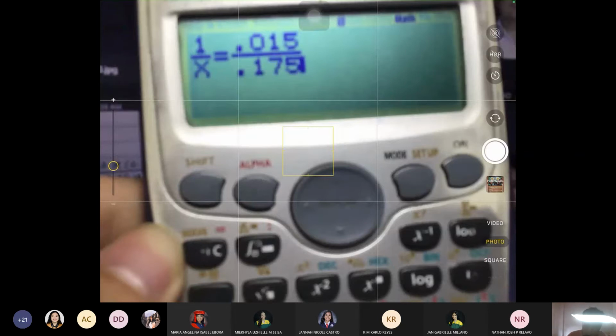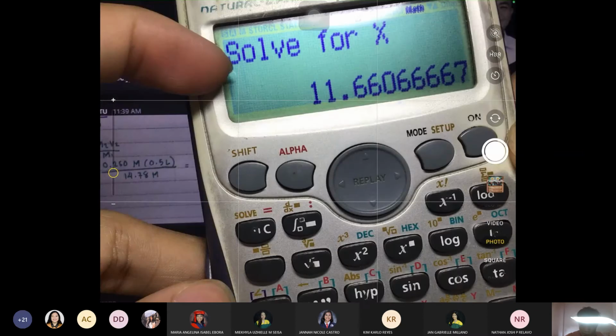So, for you to solve that, kaya ang tawag namin dito, shift solve, kasi ipipress mo yung shift, so kailangan lumabas doon yung letter S na yun. Ayun yung yellow na solve. So again, shift, solve. So nakalagay dyan, solve for x.